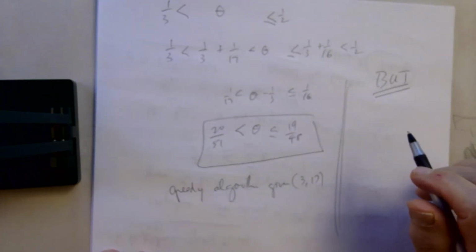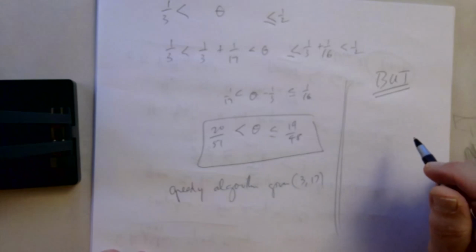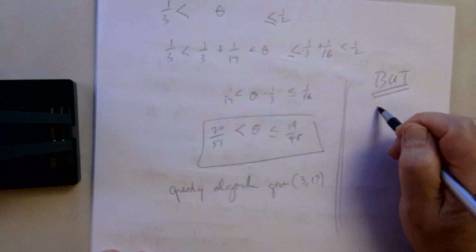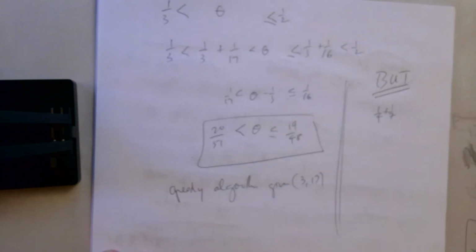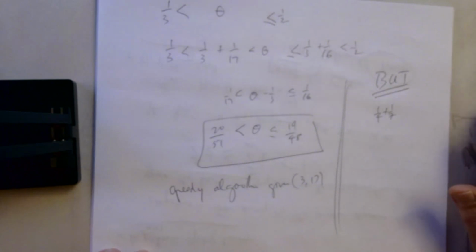But suppose I make some lucky guesses and I say, let's look at a fourth plus a seventh. Now, I'm assuming everyone here has made it through elementary school and can do fractions.